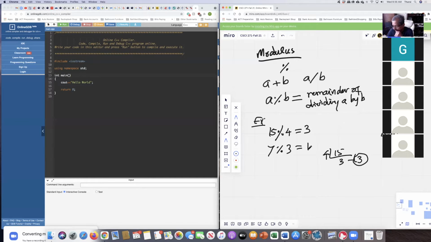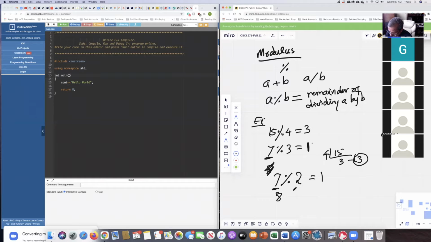For example, if you need to figure out whether a number is odd or even, then you can apply the modulus operator to that number. If the number is 7, and you take modulus with 2 to determine whether it's even or not, and the number is odd, like 7, you get a remainder of 1.